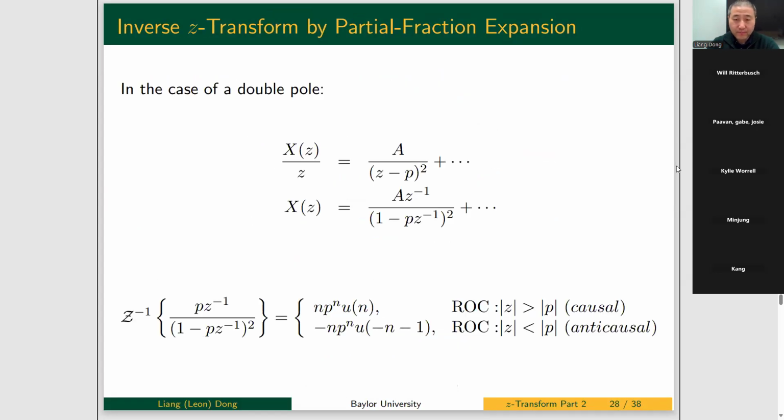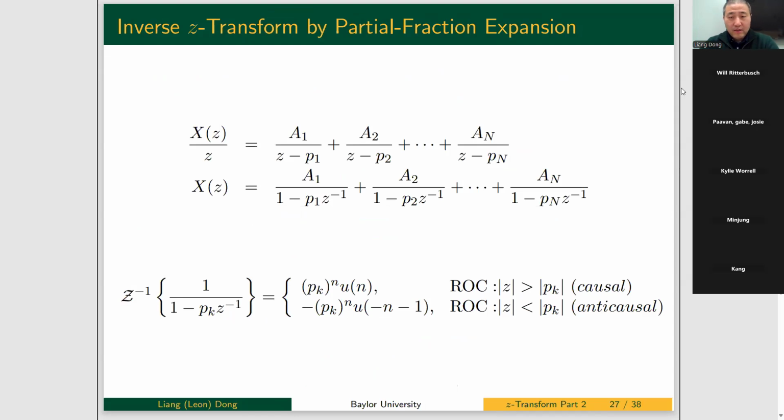All right, so that's good. After I successfully calculate all these a's for my partial fraction expansion, remember I still have X(z) divided by z, because I want to make sure my polynomial is a function of z instead of z to the minus 1. Conventionally, it's easy for me to find all the roots, and then I find this partial fraction expansion.